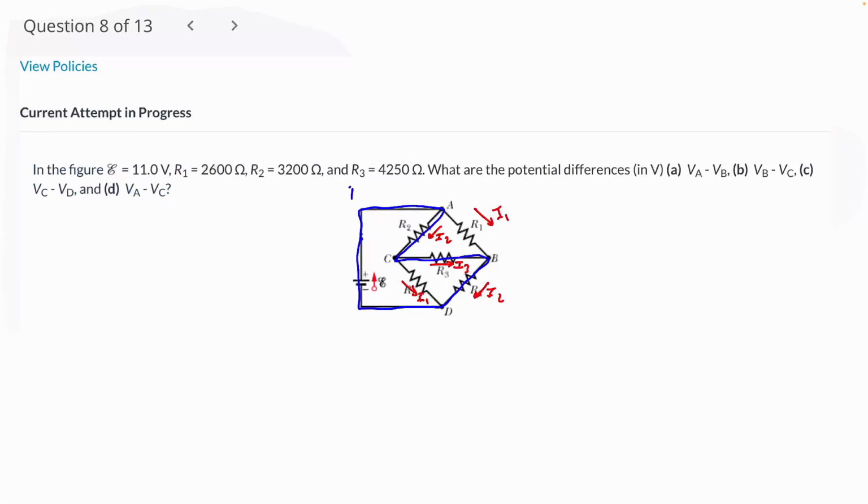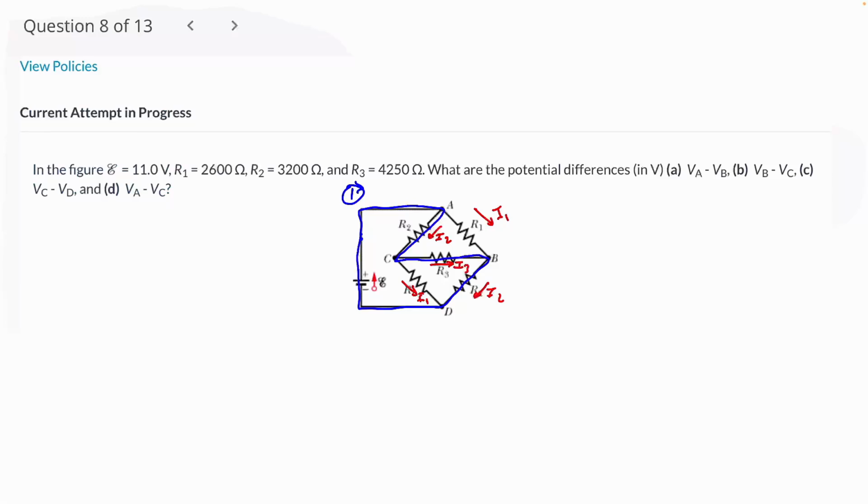That's loop number 1. And it's going to be going clockwise. And then loop number 2. I've got 2. That captures currents 2 and 3, doesn't it? I avoided 1 by doing that loop.